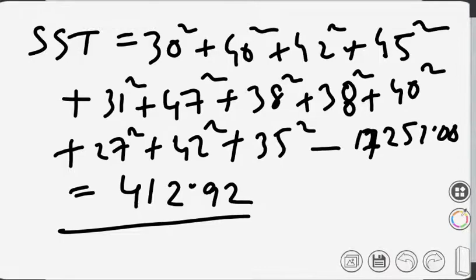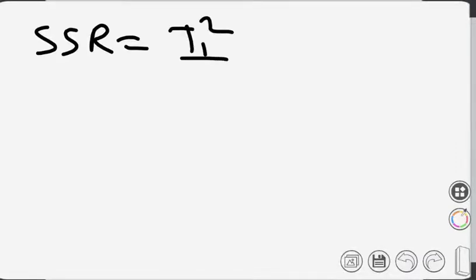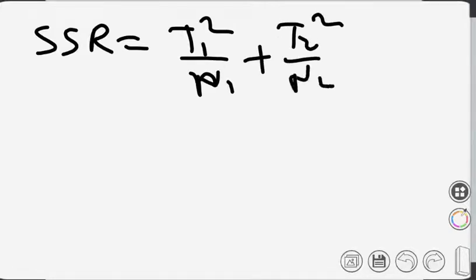Now SSR. So SSR is sigma Ti square by ni, so T1 square by N1 plus T2 square by N2 plus T3 square by N3.